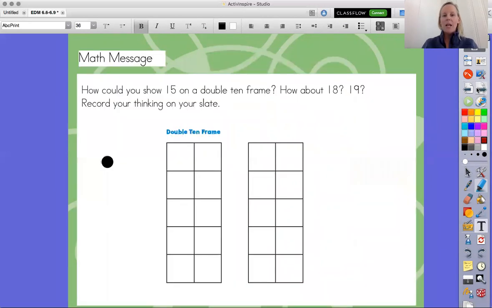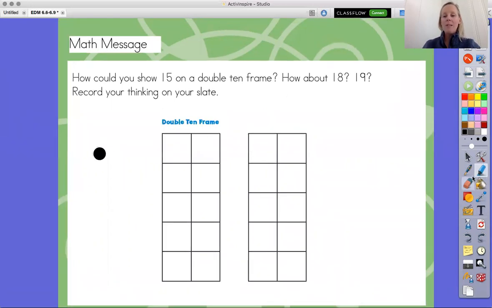All right. This is all well and good when we're doing single digits, when we're doing things that just add up to 10. But then we have two ten frames, or we want to represent some of our teen numbers, like 11, 12, 15, 18, 19. There are a lot of different ways that we could show something like 15 on a double ten frame, but I want us to be thinking about what's the best way to show it.